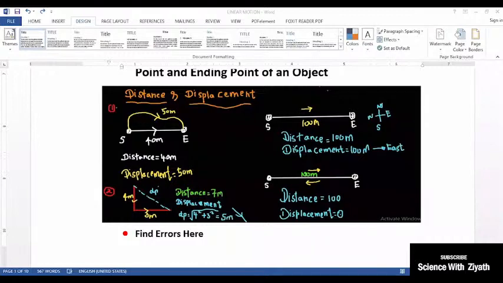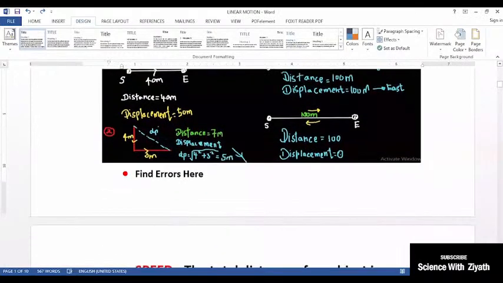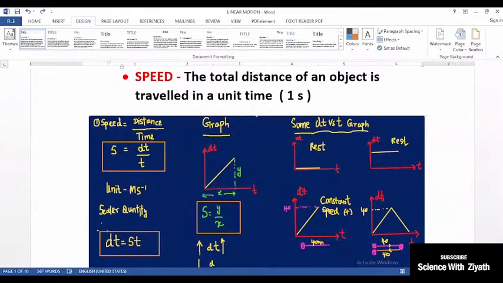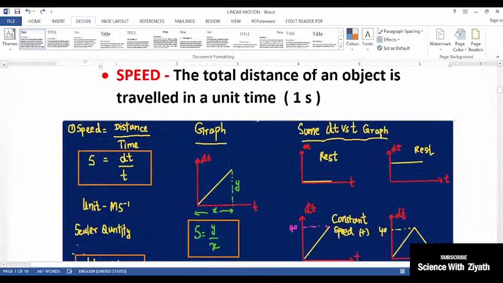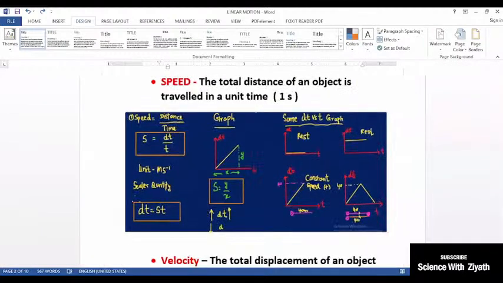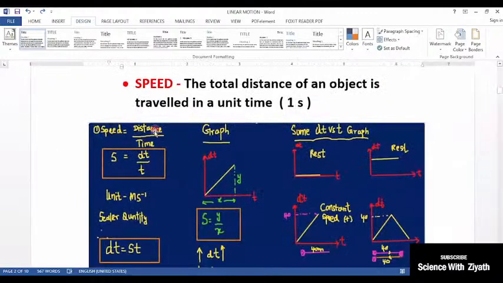And also, the last classes we discussed the speed. The speed is the total length of an object which is traveled in a unit time. The speed is equal to distance over time, the unit is m s minus 1, and it is a scalar quantity.